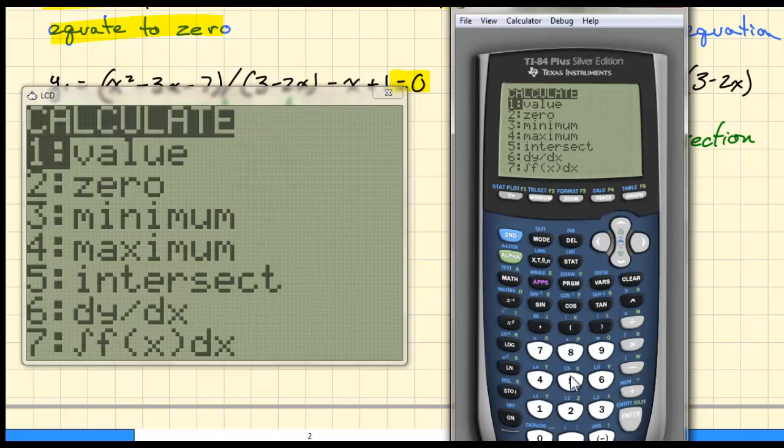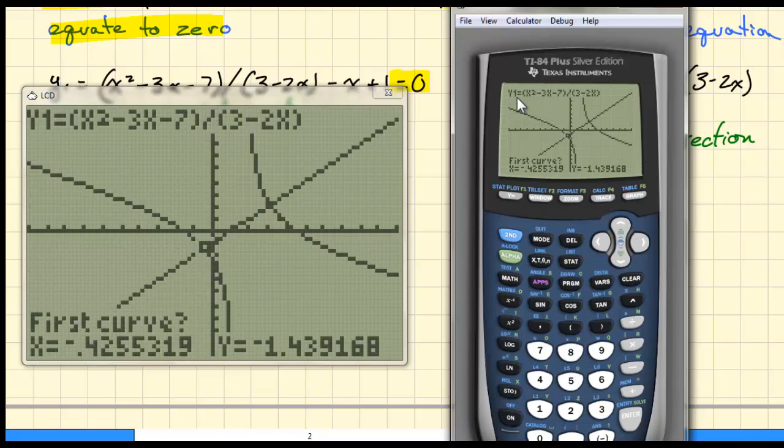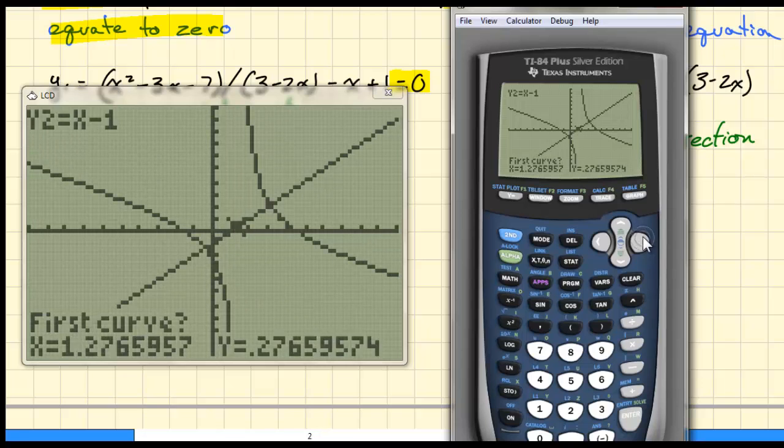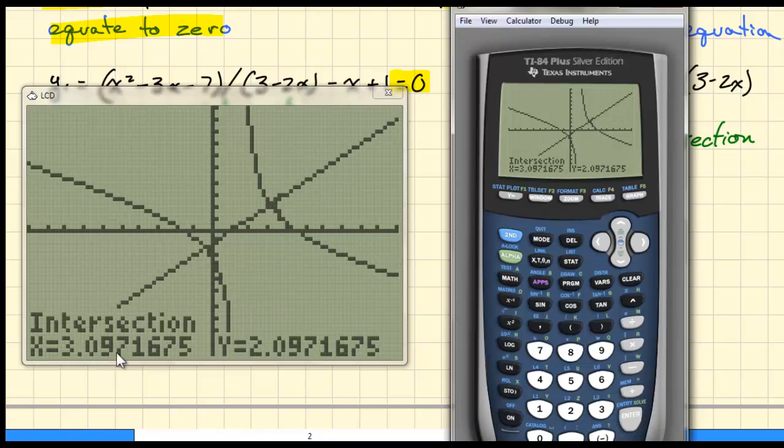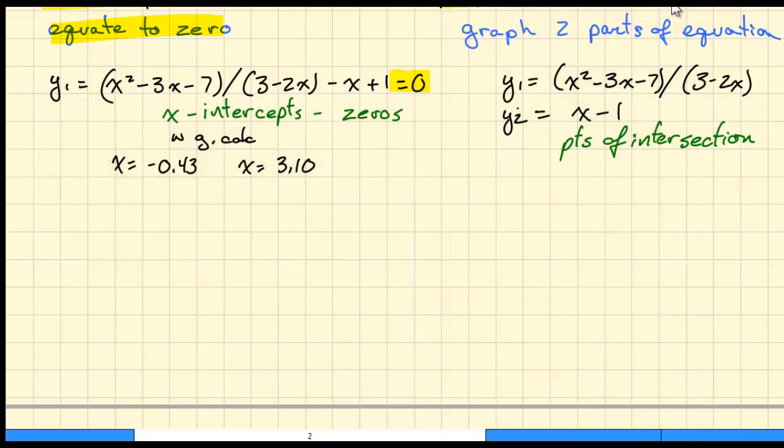Second calc, number 5, to find the other point. Notice up here, I'm in the curved equation. I'm going to jump up to y2 so I can travel over to the right a little quicker. And then hit enter, enter, enter, and 3.10 again.